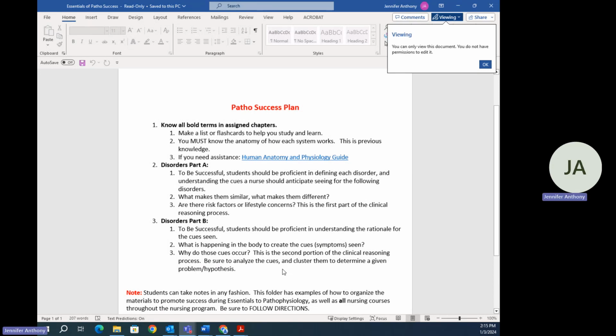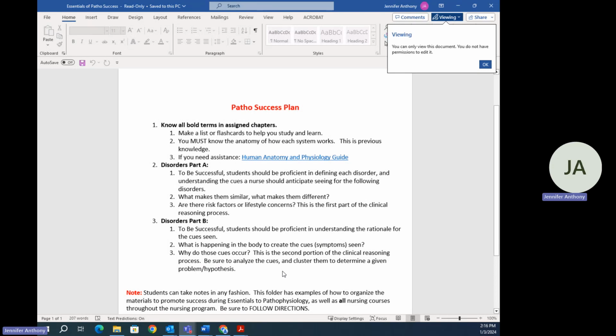This is the most important part of the process, as if the student can understand why they see a particular symptom, when they go into the future courses, they now have a strong foundation for gauging or processing what types of things would be needed to assist in promoting back to wellness or management of certain cues based on acute or chronic disease processes.